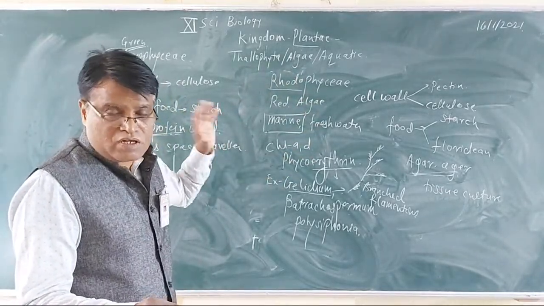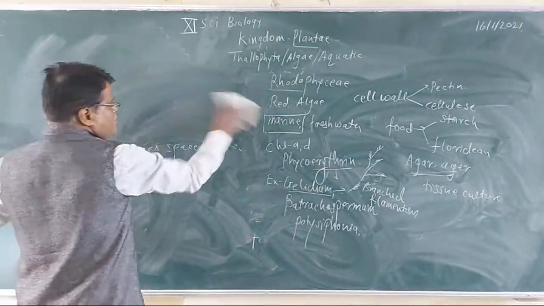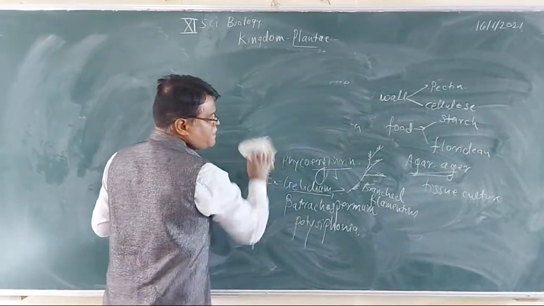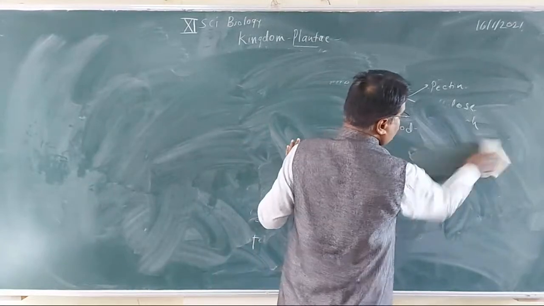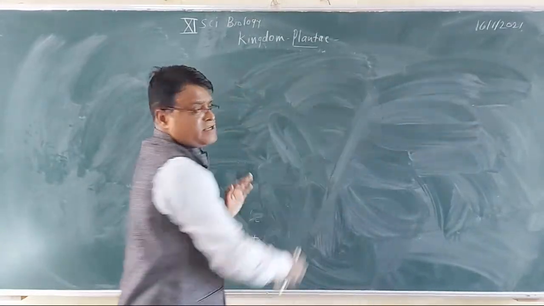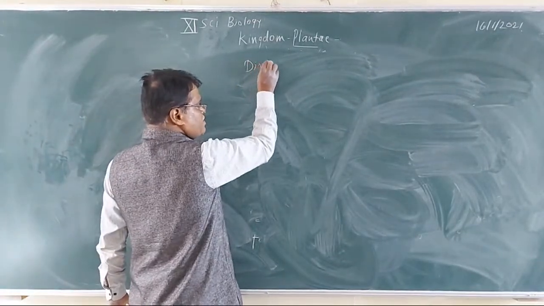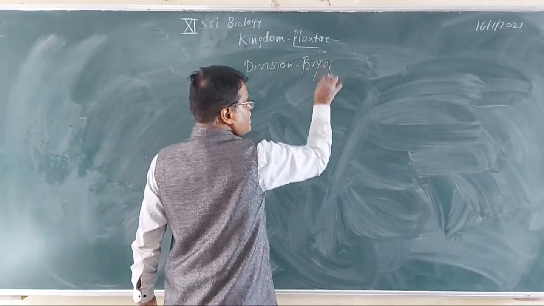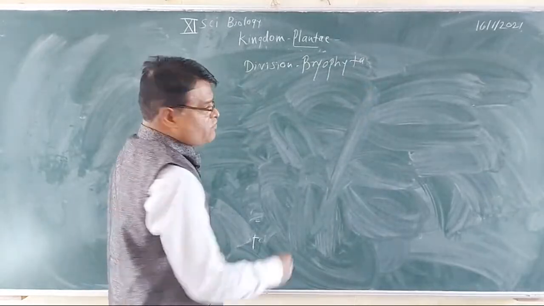Okay. So now the next one to study in our syllabus, Plantae. Next is the division Bryophyta. It is a very interesting part. The division Bryophyta. This one is the Bryophyta.